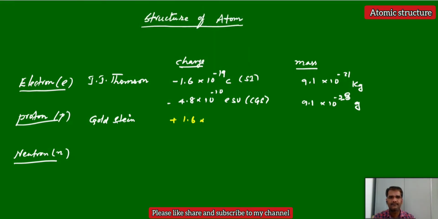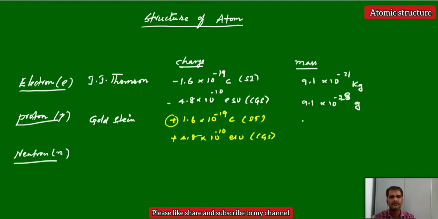And this is plus 1.6 into 10 power minus 19 coulombs, same, but the symbol is positive here. This is SI. And in ESU, this is a CGS unit.